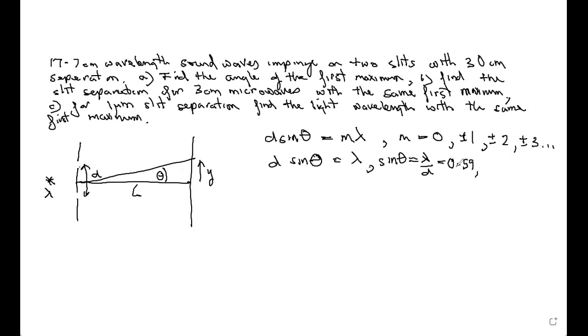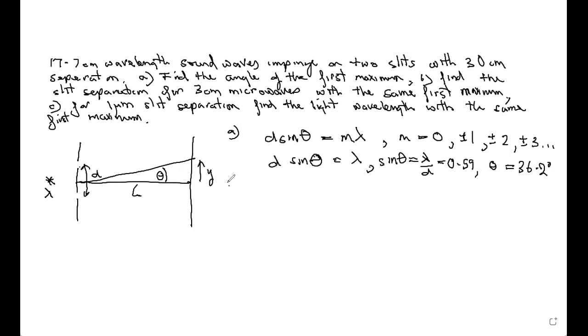And if I take the inverse sine, the arc sine of 0.59, I get the angle itself. And the angle in degrees came out to be 36.2 degrees. And so that's the answer to part A. The direction of the first maximum, the maxima that are immediately either side of the central maxima, for the case of the sound waves on the 30 centimeter slit separation.